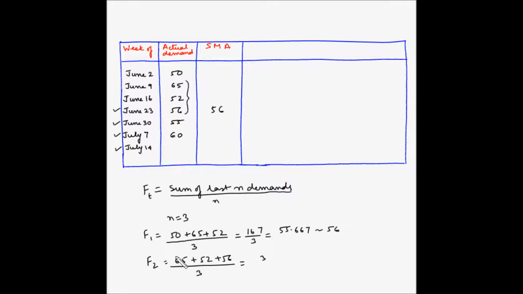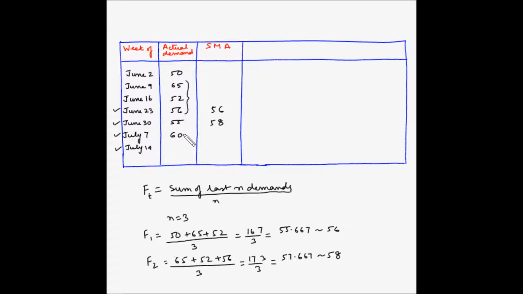So 1 carryover. Now 5 plus 5, 10, plus 6, 16, plus 1, 17, divided by 3. So this is equal to 57.667, which is also, we can say it is 58. So the forecast for week of June 30th is 58.